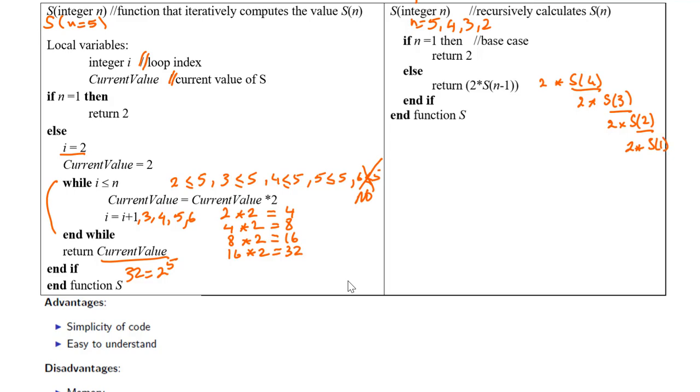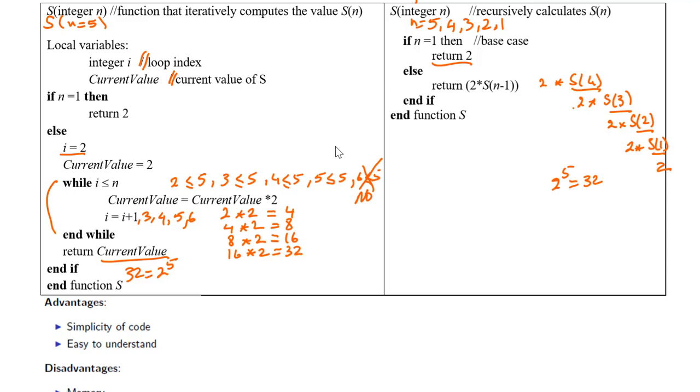Now n is 1. Now if n is 1, return 2. Okay, we return 2. And then once it returns this 2, it's gonna multiply that value with the 2, and multiply with the 2 and 2 and 2, which is gonna give me 2 to the 5th, which is 32, and that's what the function is gonna return.